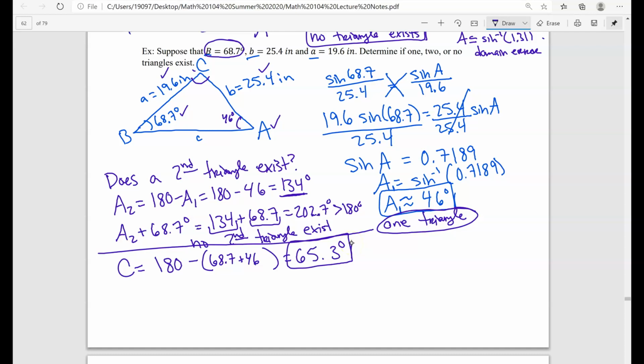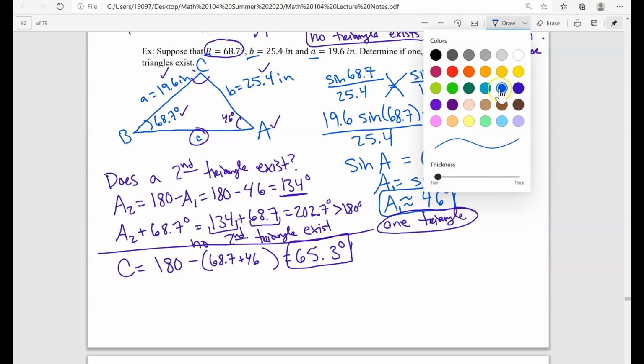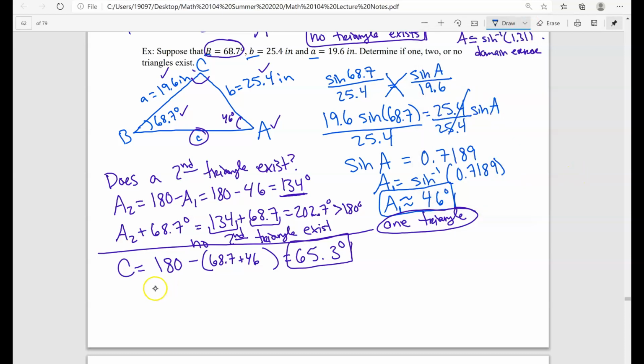And then finally, to figure out what little c is, all I got to do is just use the law of sines again. So I'm going to use sine C over little c equals, and then I can just use whichever I want. So I'm just going to use sine B over little b.